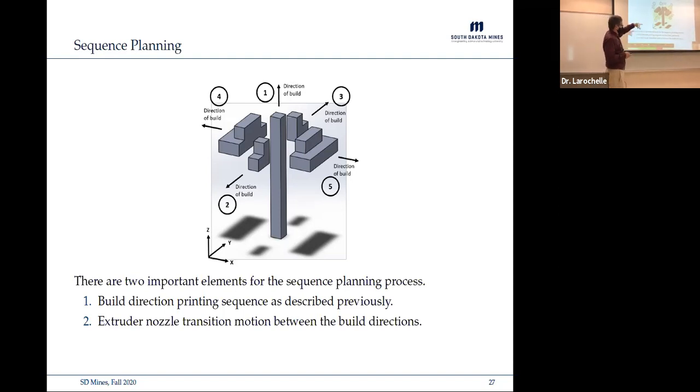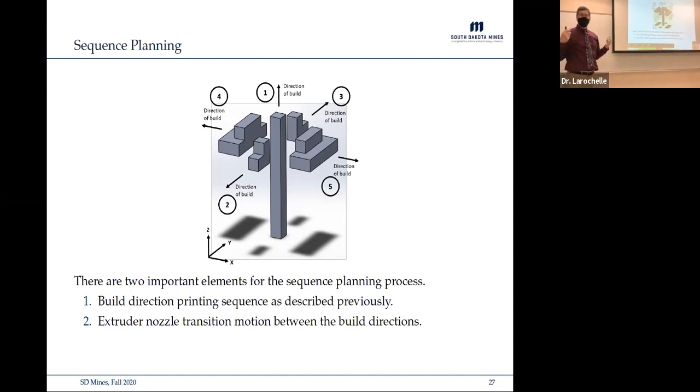Which works for how we label this, but if you go with different permutations of these segments and try to print them in different order, it's not going to work. You're not going to get a printed part, which is obvious to us looking at this diagram. I can't make 3 before I make 1, because 3 will just be hanging in air and there's nothing to support it. I can't print in midair.